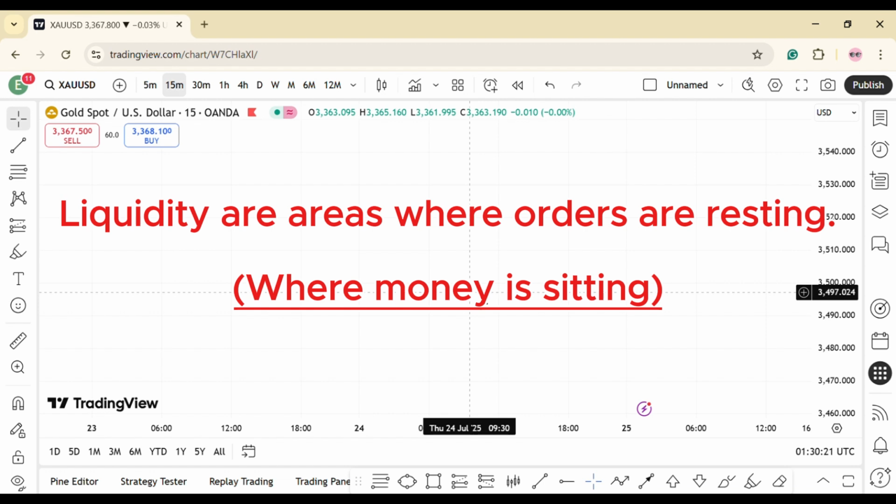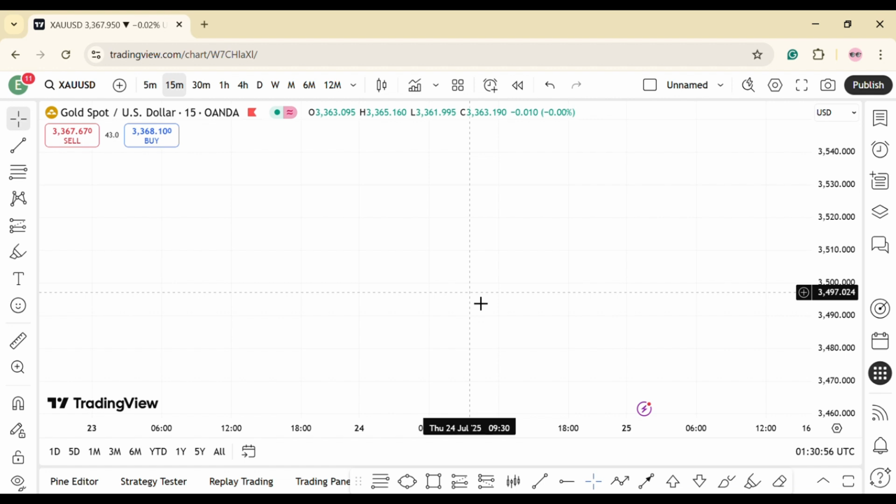What do you think I'll do? I'll go to those guys who are bidding for a higher price, collect their money, and then come back home. That's how liquidity works. The market moves to an area where there is money, grabs the money, and then continues in its direction. That's how liquidity works.